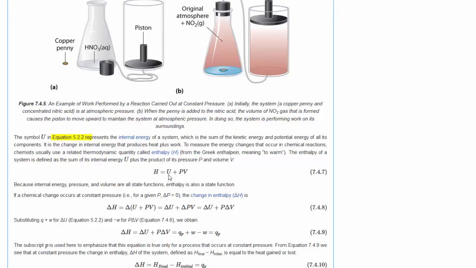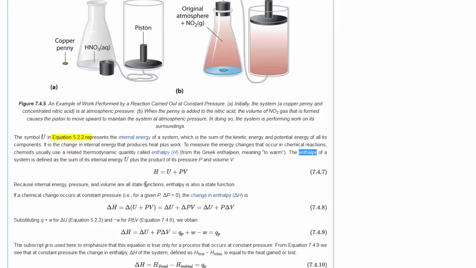Now, we can talk about the internal energy of a system. That is the symbol U. It's the sum of all the kinetic energy and the potential energy of all the components. Now, what we are calling Q when we do calorimetry reactions is really H. I'll get to how H and Q are related in a second, but let's talk about H for the minute. H is called enthalpy, E-N-T-H-A-L-P-Y.